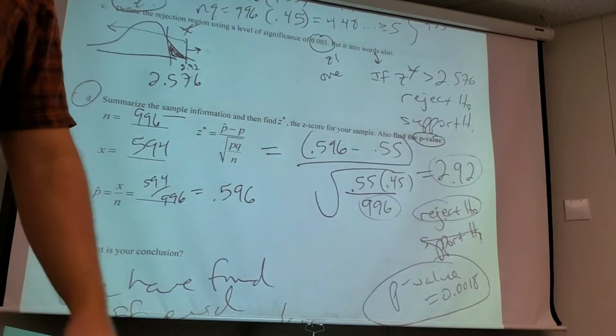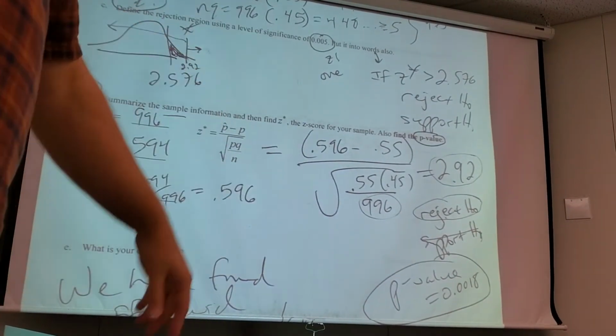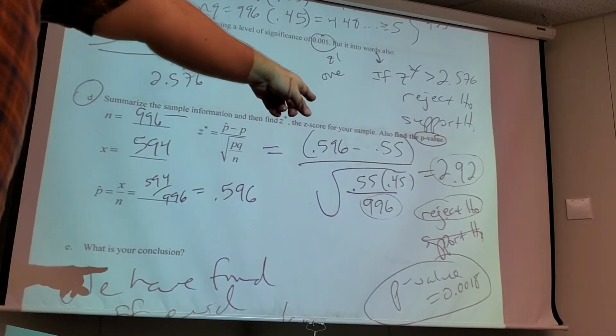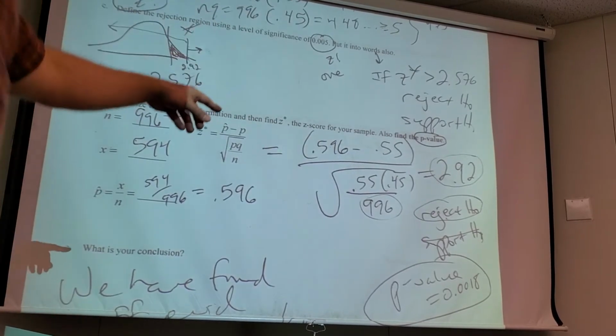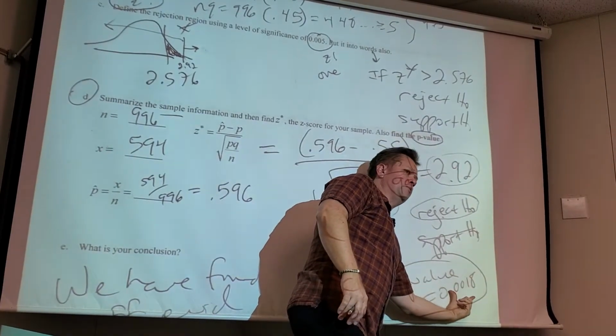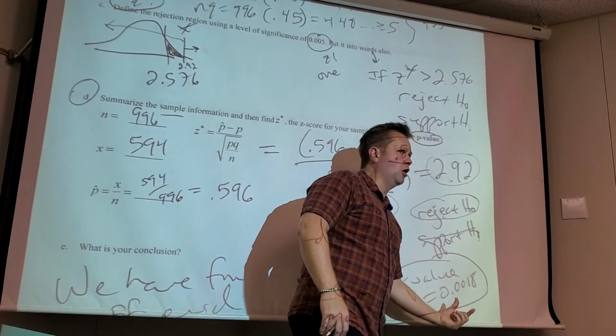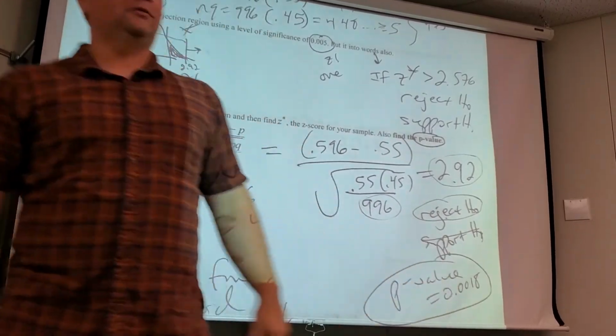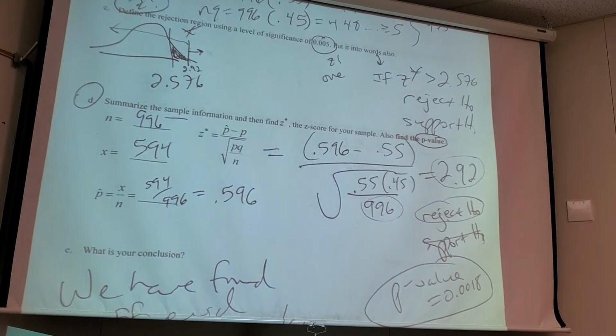Is it very likely that the null is true, considering this probability? 0.0018, so you should be saying no. That's not likely. No is like the null, right?